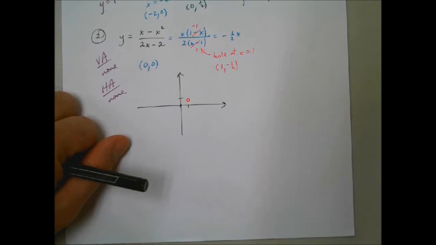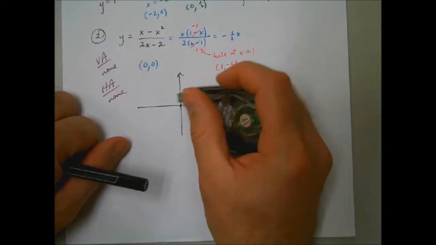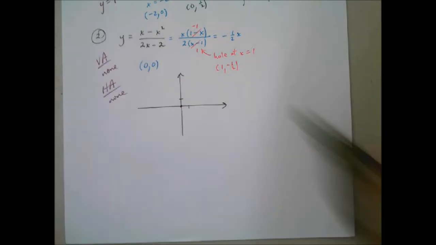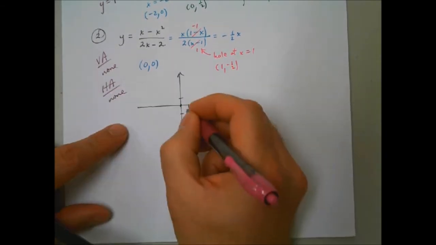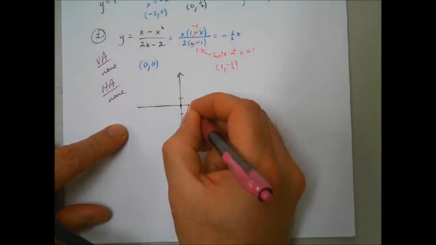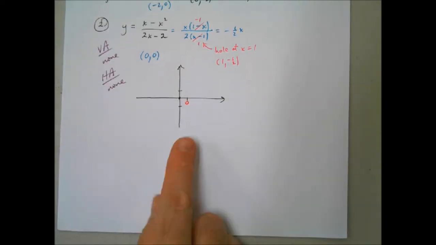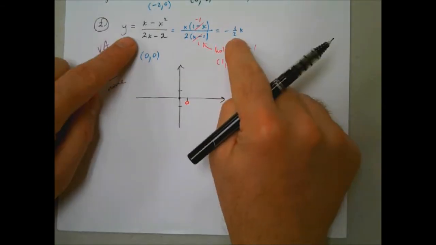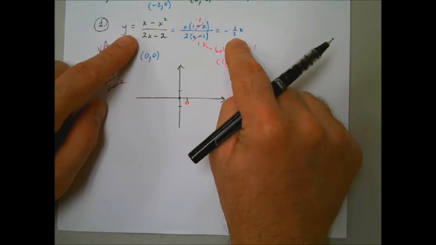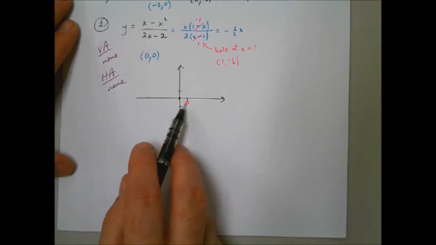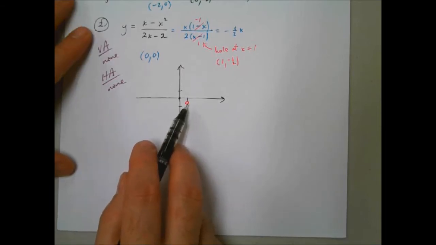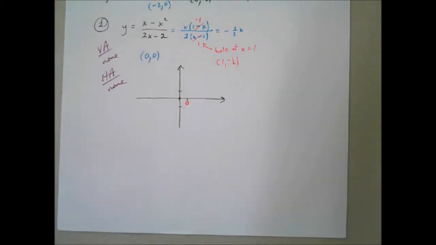And I realize I just plotted the point in the wrong place, didn't I? So 1, negative 1/2. Okay, now the equation is y equals negative 1/2 x, the reduced equation. Isn't that just a line with slope of negative 1/2? Yes. So it's just a line with a slope of negative 1/2, and there's a hole at x equals 1.